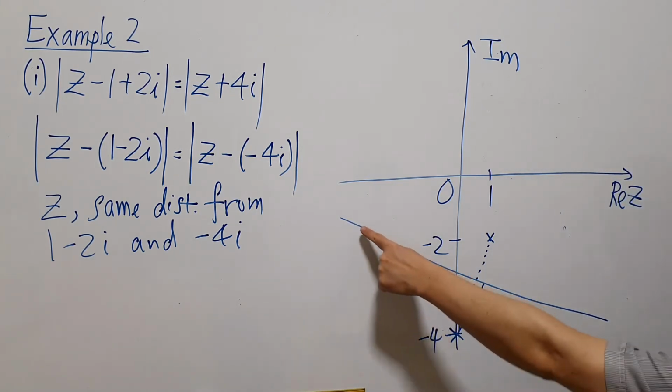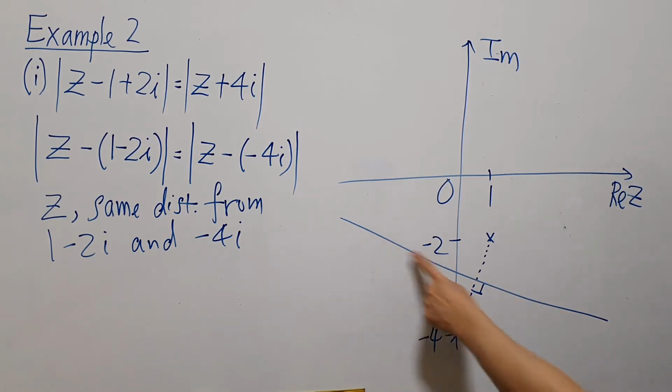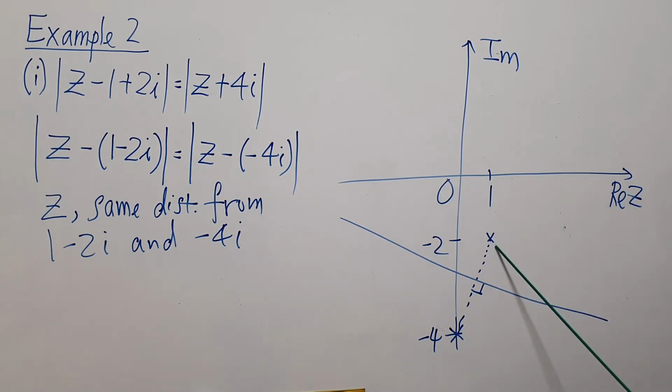All points along this perpendicular bisector, all points along here, will all be the same distance from this point, which is 1 minus 2i, and this other point, which is minus 4i.